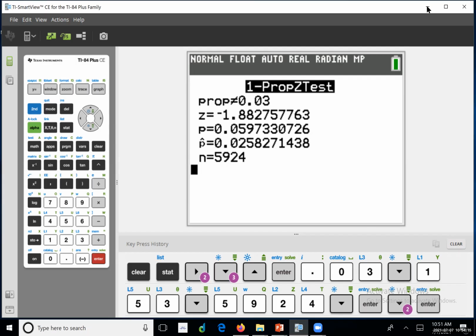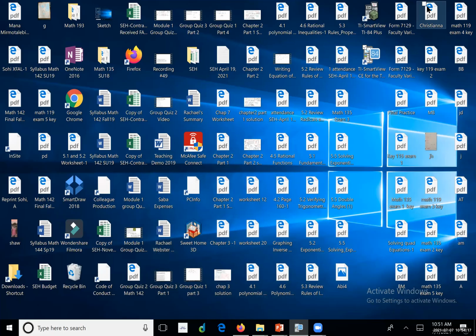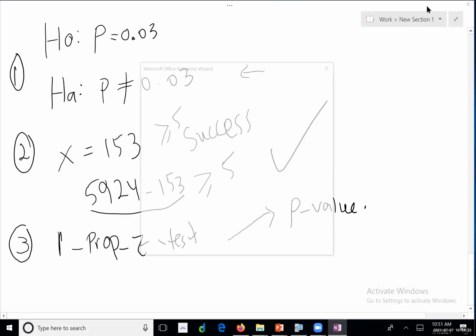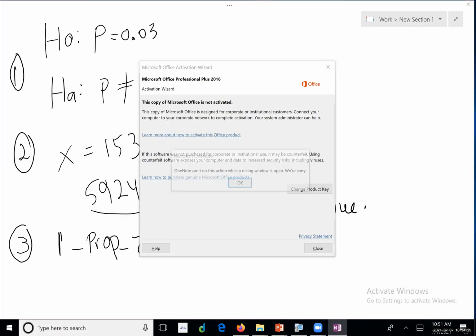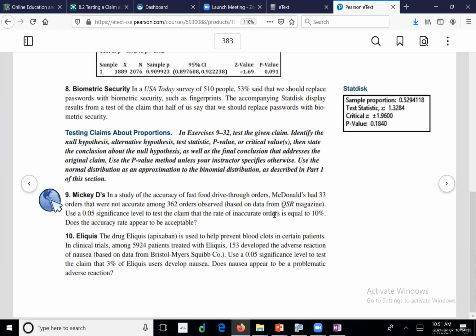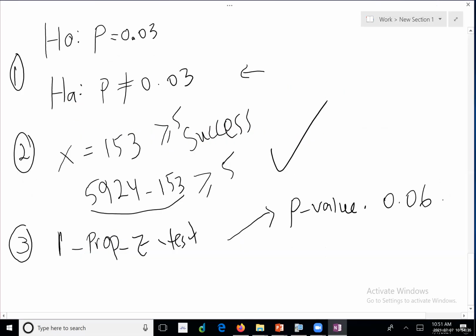So you would have the p-value is 0.06. Did they say compare with 5% significance? Yeah. So comparing that, you could write more decimals. 0.06 is greater than 0.05.